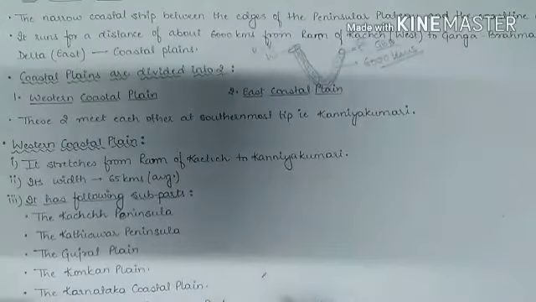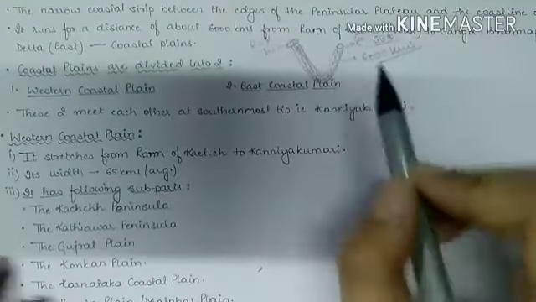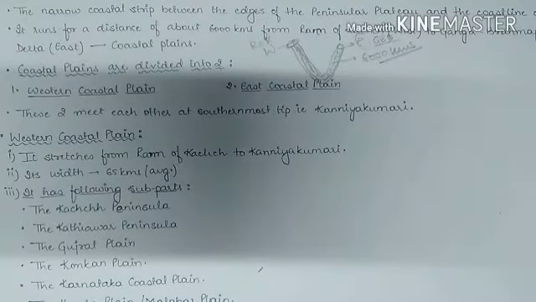Okay. Now because we have eastern and western parts, this coastal plain is divided into two, that is western coastal plain and eastern coastal plain. Sorry, the western coastal plain lies in the area between Western Ghats and the coast of Arabian Sea.